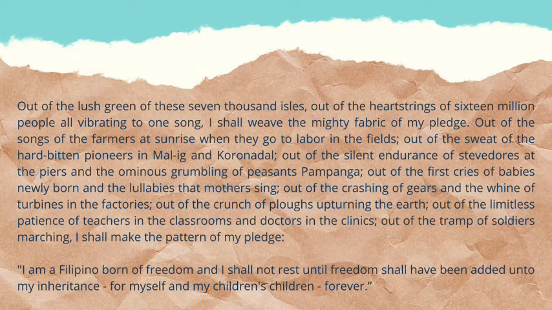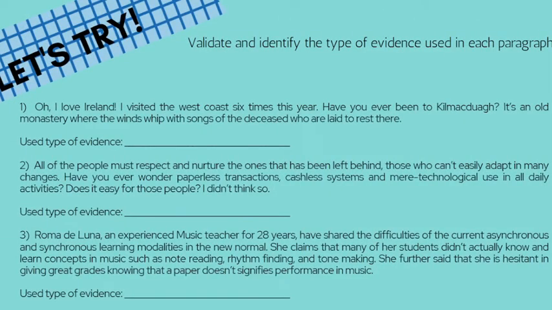Time's up. So, how's the speech? For our exercises, let's try to validate and identify the type of evidence used in each paragraph. Number 1: Oh, I love Ireland. I visited the West Coast 6 times this year. Have you ever been to Kilmacduagh?